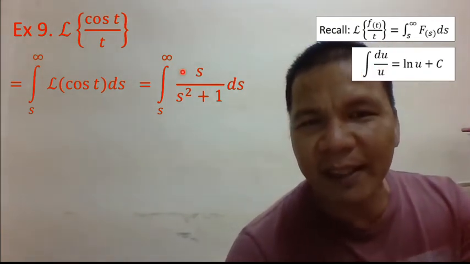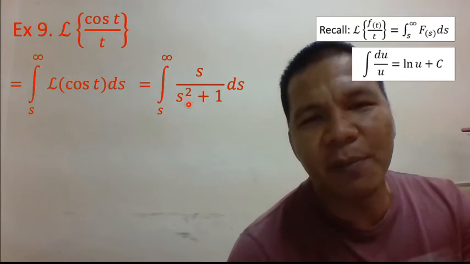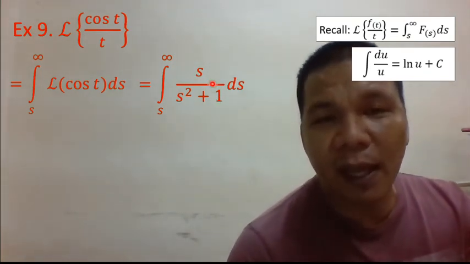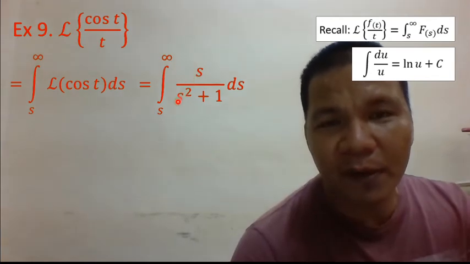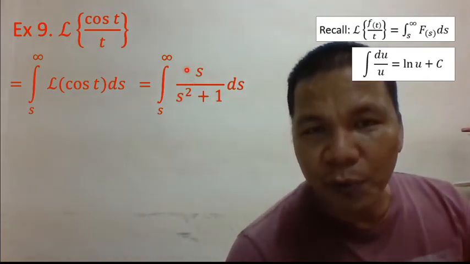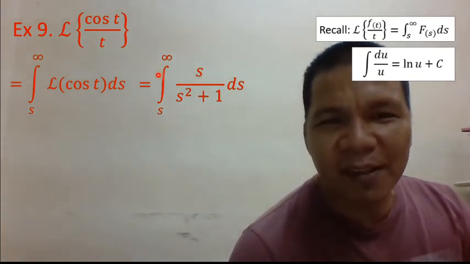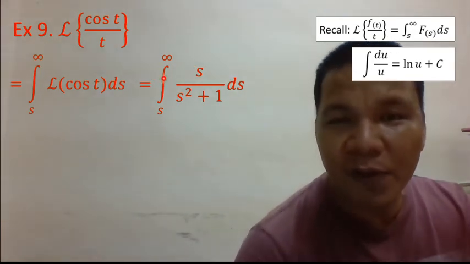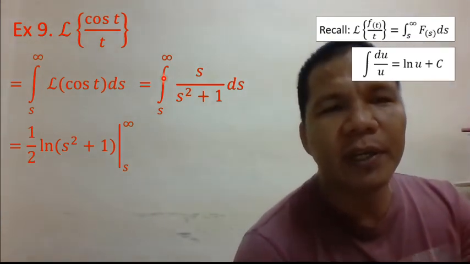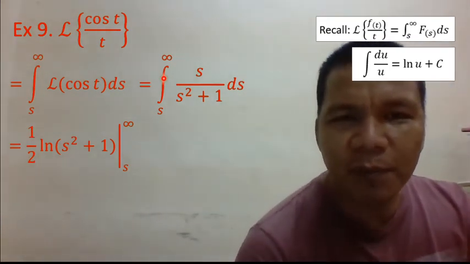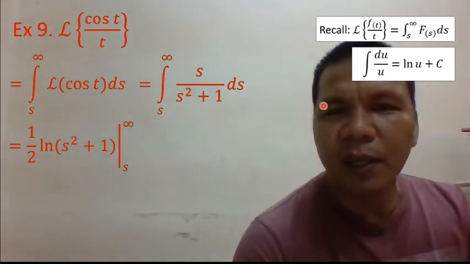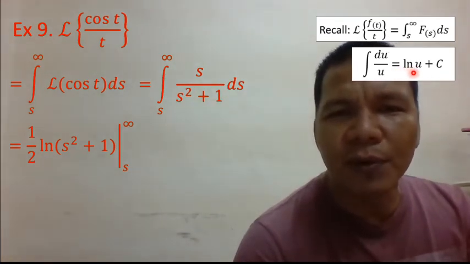But what is lacking in your numerator if the denominator is your u? 2 is lacking in your numerator because the derivative of your denominator is 2s. So if you put 2 here, you balance that by putting 1/2 outside the integral sign. So that becomes 1 over 2 multiplied by du over u. That becomes ln of u plus c.